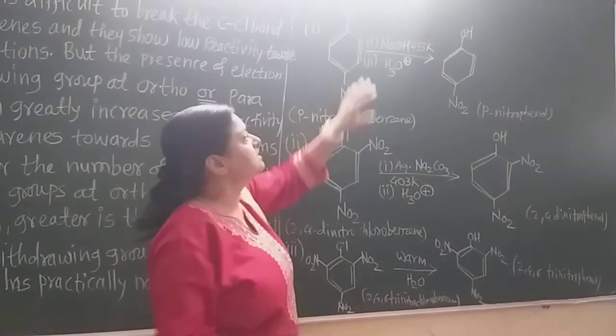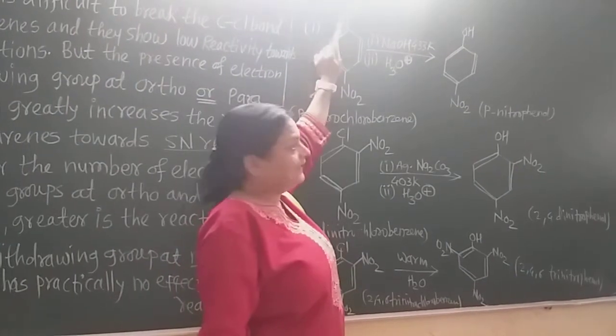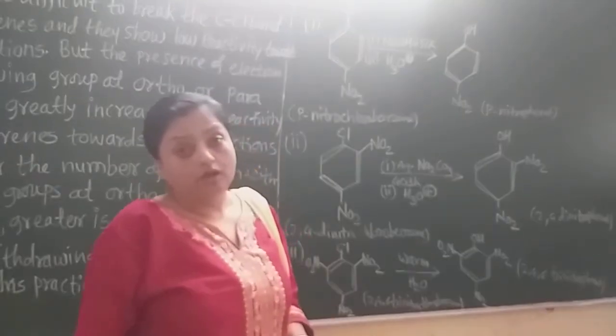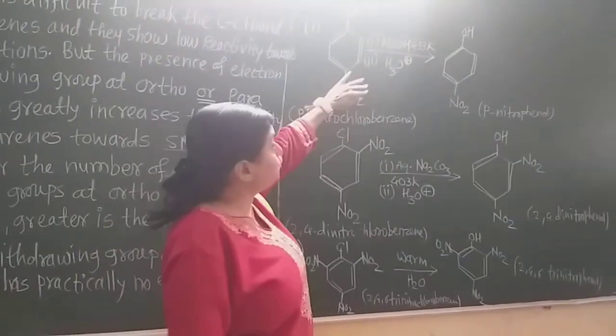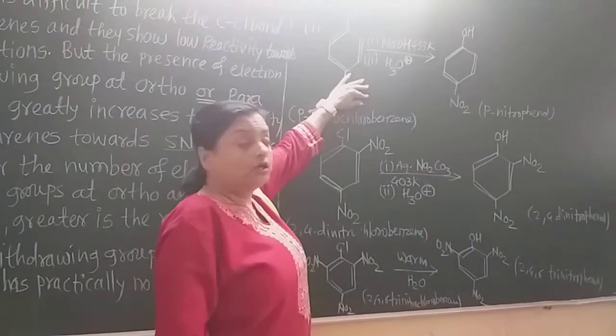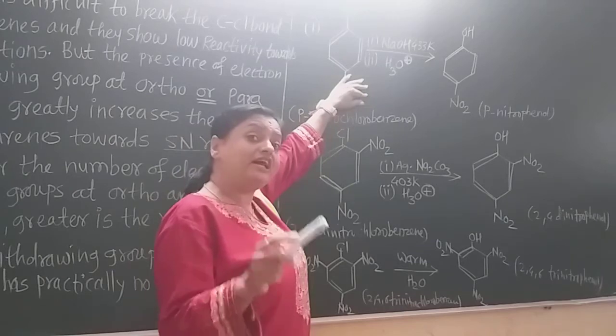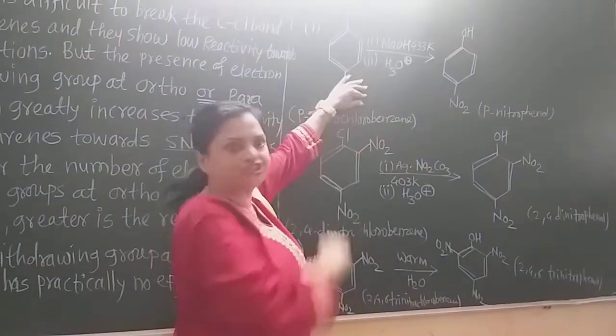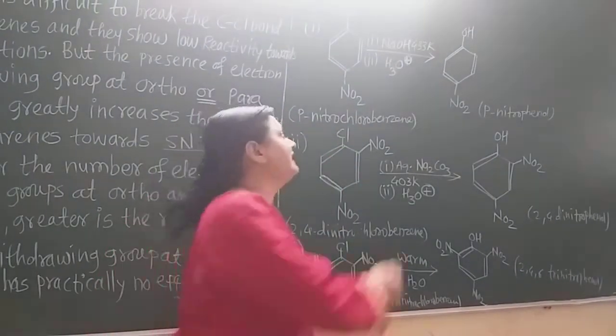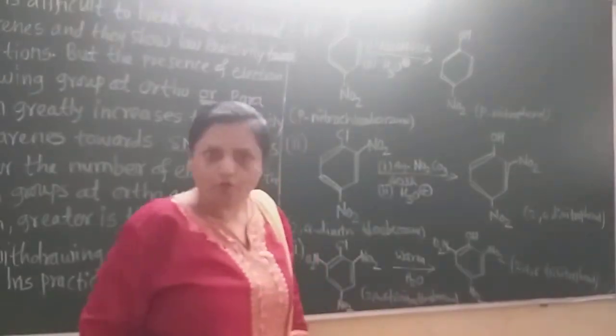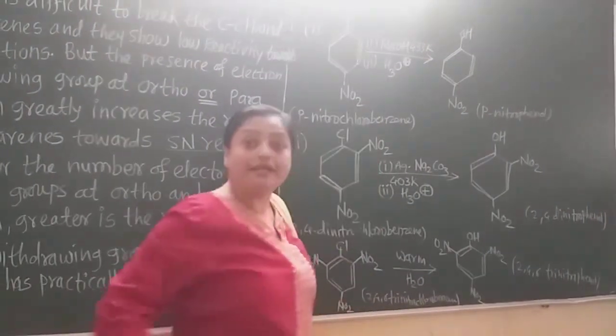Definitely phenol. That means the chloride gets replaced by the OH group. But if this NO2 is not there and only chlorobenzene is there, it requires more time for that reaction. But if we attach this electron withdrawing group at the para position, what happens?